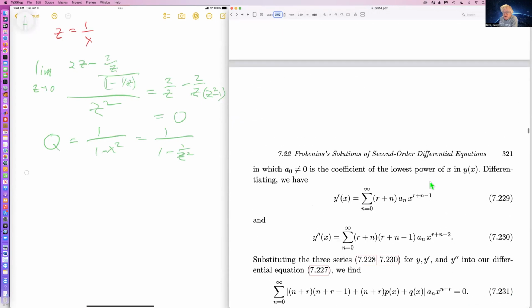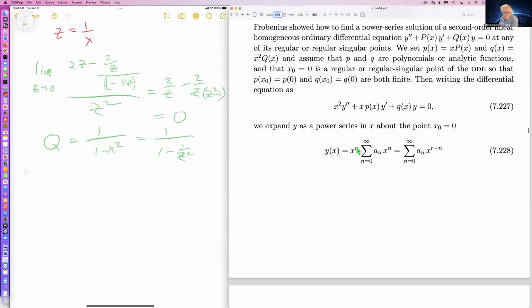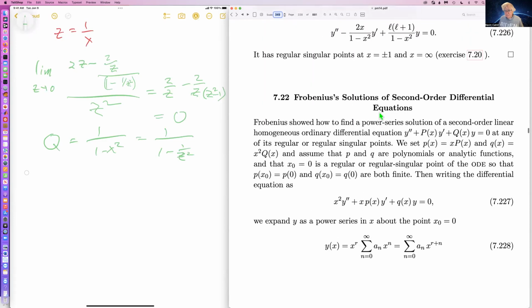What you do is you first multiply by x squared, and you have this structure here. In other words, you start with this differential equation, and then you set P is x big P, and Q is x squared big Q. And so this equation becomes this.